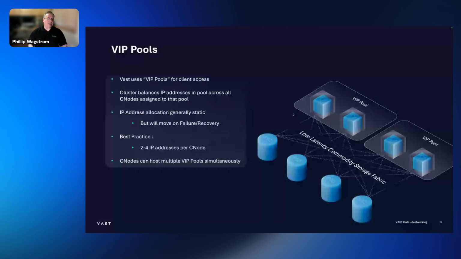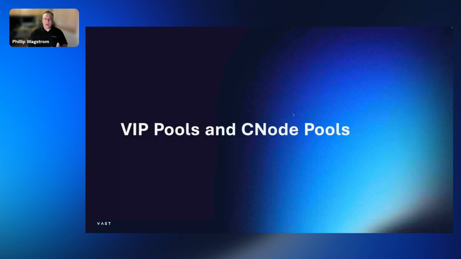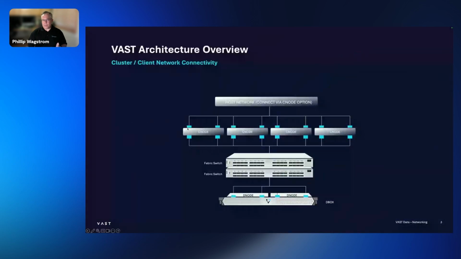Now, the best practice when we're sizing our VIP pools is that each one of these CNodes acts independently. Again, they have multiple NICs on those. If we step back real quickly to the architecture, you see here that these CNodes have two separate NIC ports on each one of them for the front end of the northbound network.